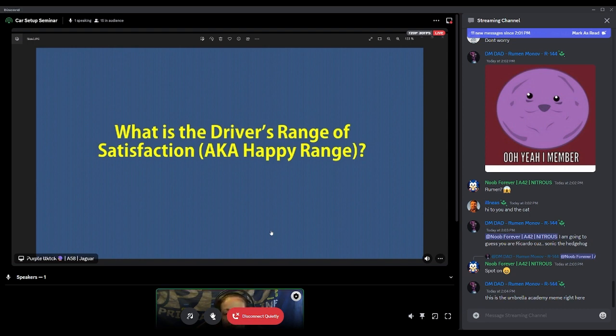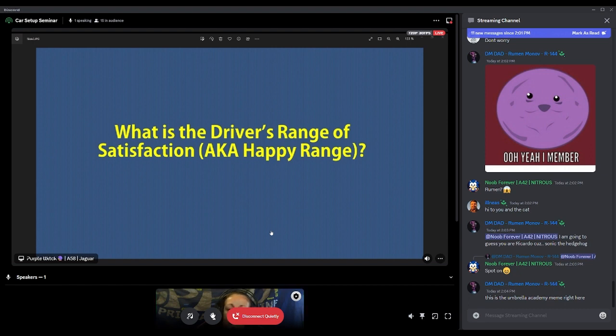That is, if a driver feels comfortable with the setup in all the values inside this range, he is going to provide the exact same feedback for all the values inside this range. But the value that is going to provide the best lap time is going to be in the middle of the range.